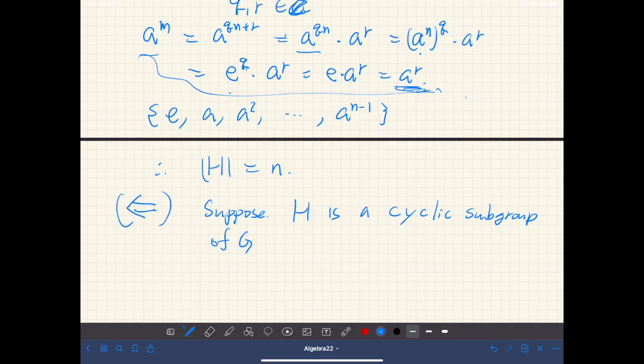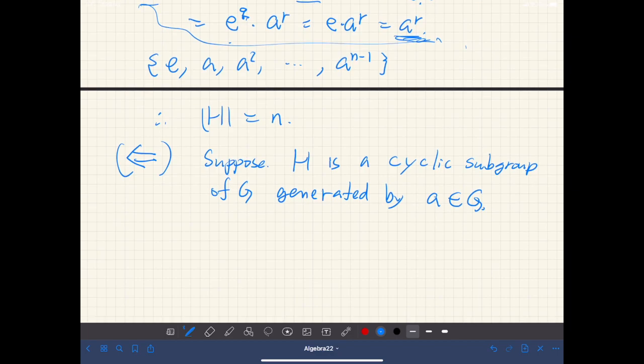And it's a cyclic subgroup, so it must be generated by some element, generated by a. Okay. And suppose the order of a is p.